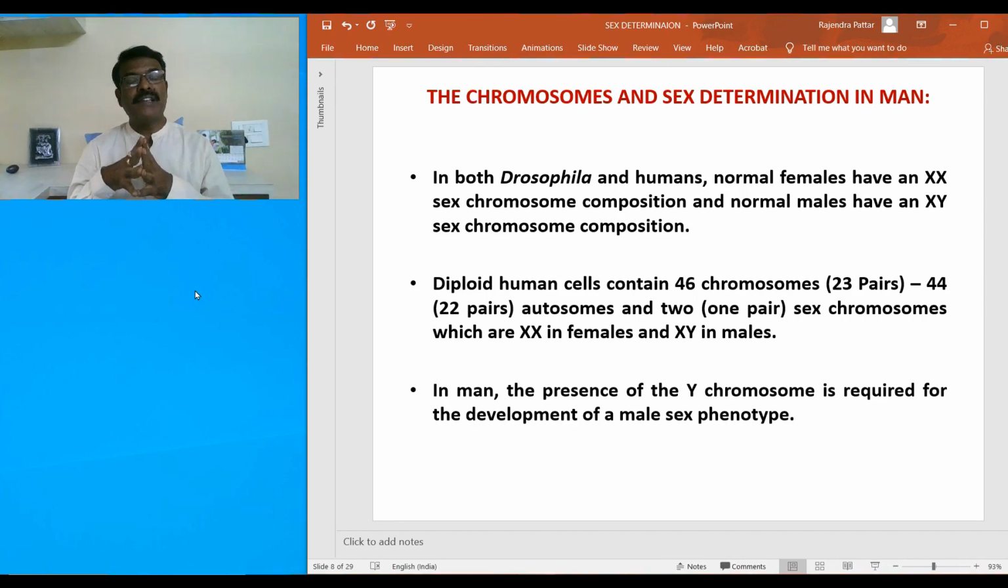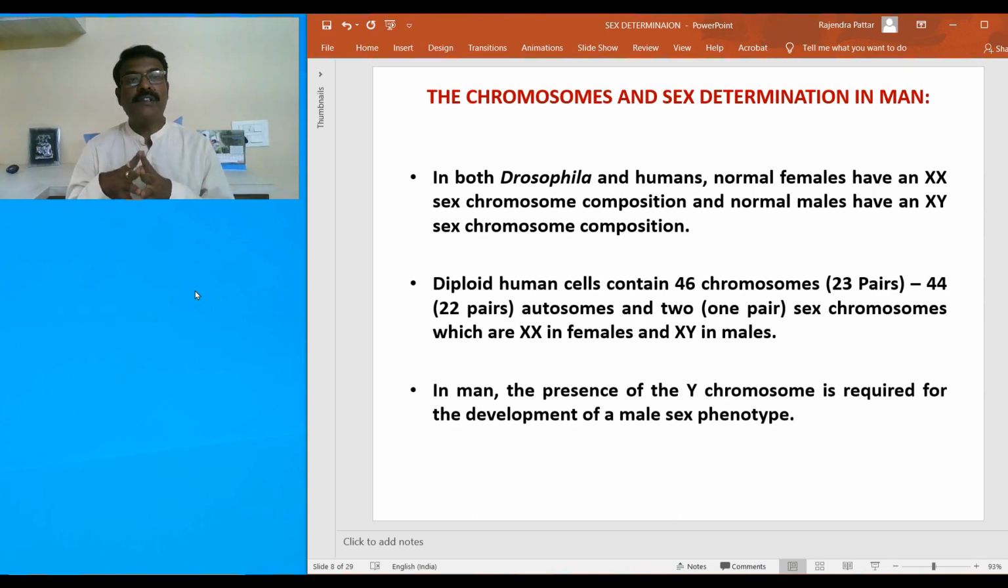The XX type is for femaleness and the XY type is for maleness. In man, the presence of the Y chromosome makes the difference. Why? Because it carries the set of genes for the differentiation of gonads into testes, as maleness.